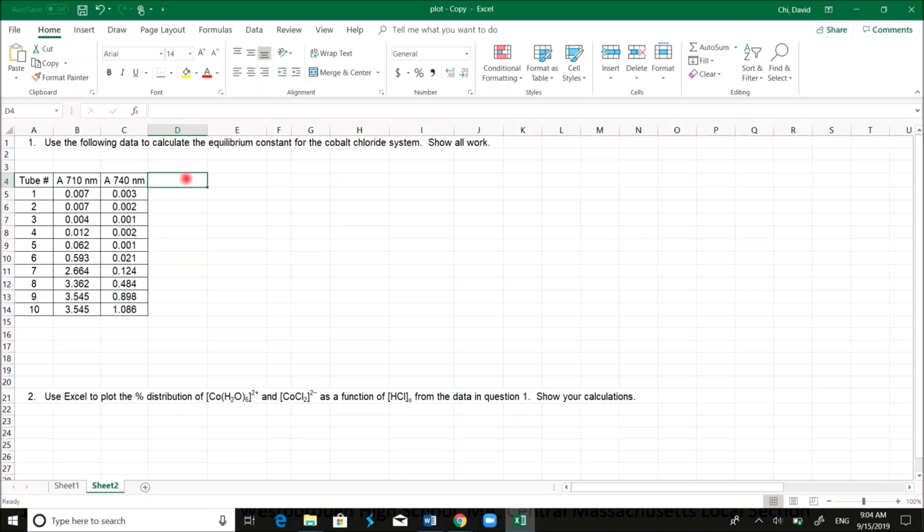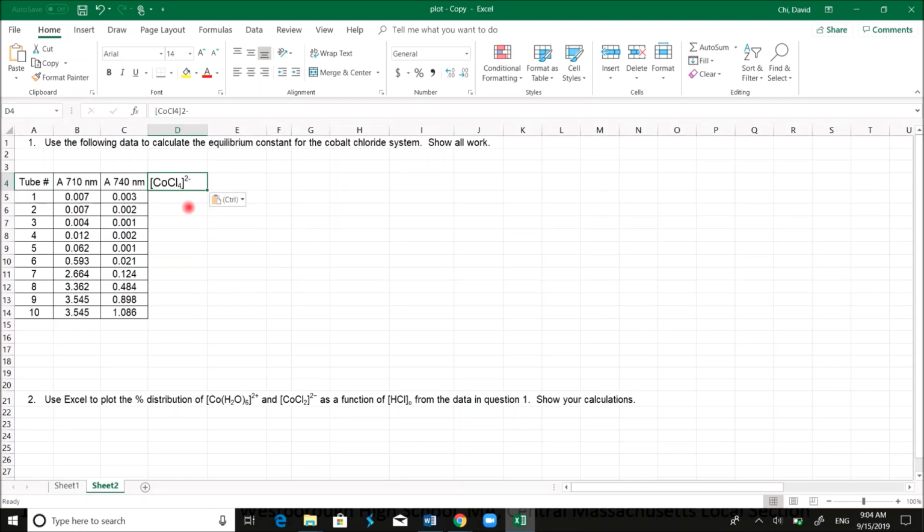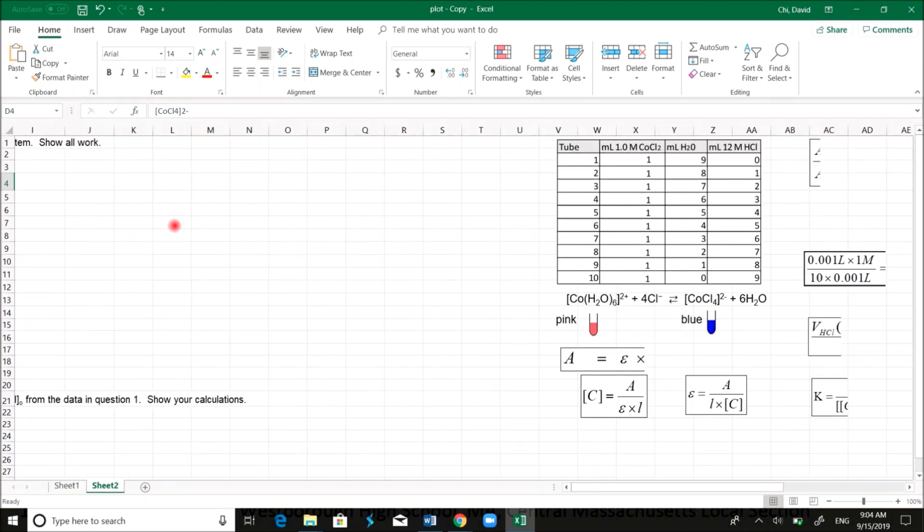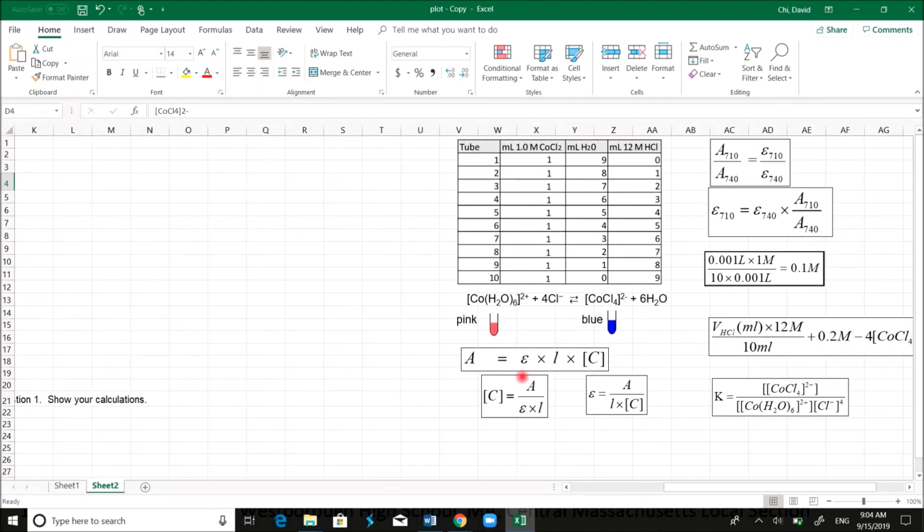So let's add a column here to calculate the concentration of cobalt tetrachloride. We are going to use Beer's law. The law says the absorbance is equal to the concentration times the extinction coefficient and the length of the cuvette, which is usually 1 centimeter.